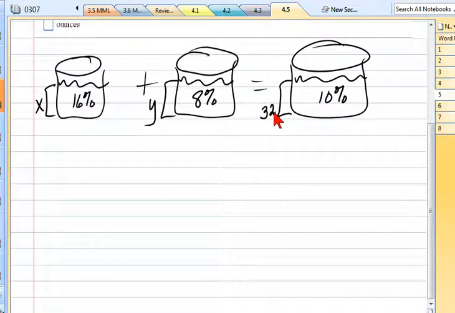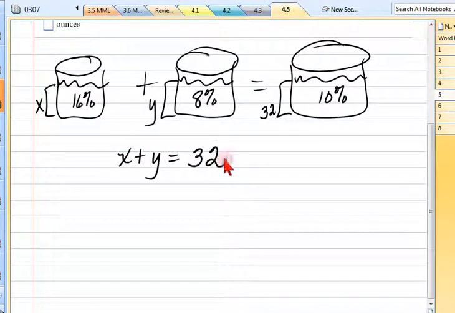How would that translate into an equation? X plus Y equals 32. It's always going to be outside number plus outside number equals the outside number. Now, you want to talk specifically about the amount of this fluid that is acid. 16% of the X is acid.